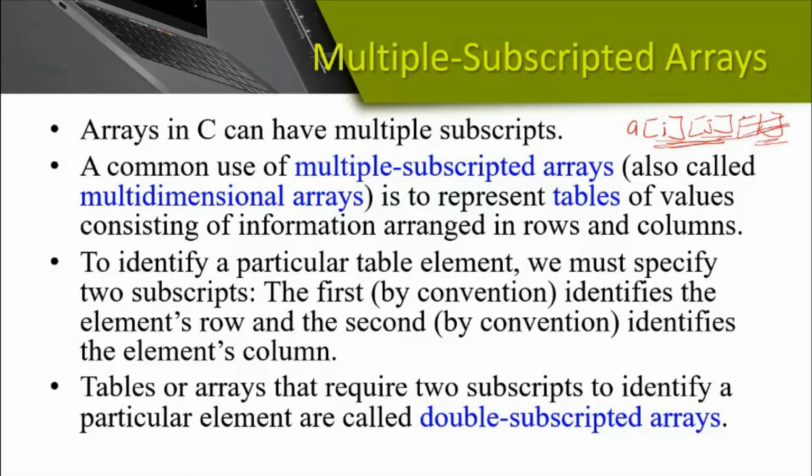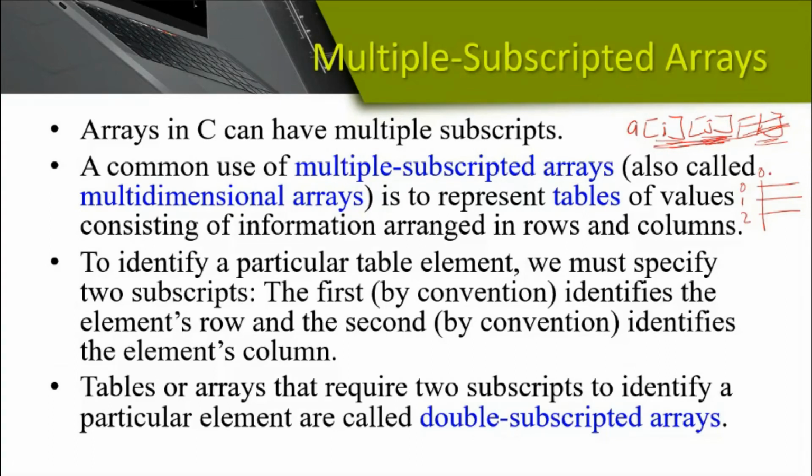If there are two subscripts, I and J, then I can be used to represent the row number, I equal to 0, 1, 2, etc. And the J value can be used as the index to represent the column value.